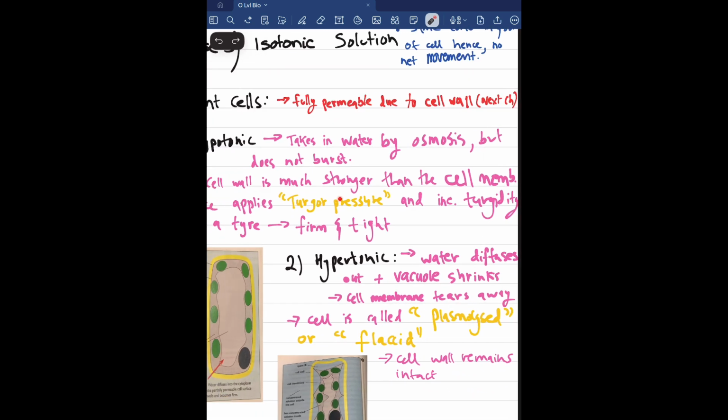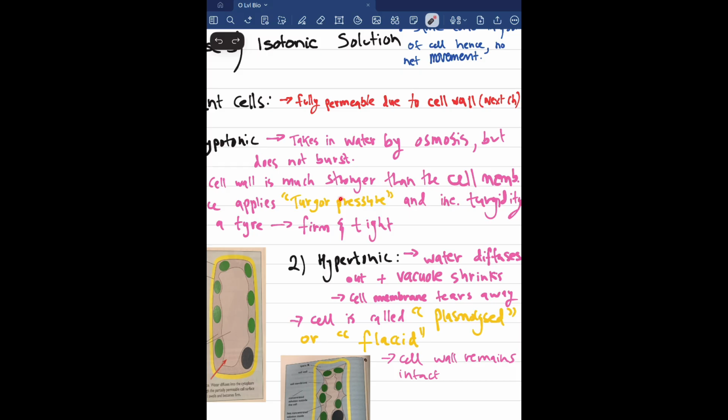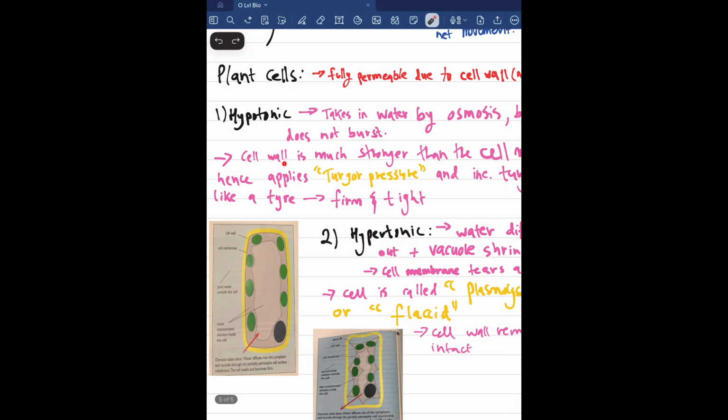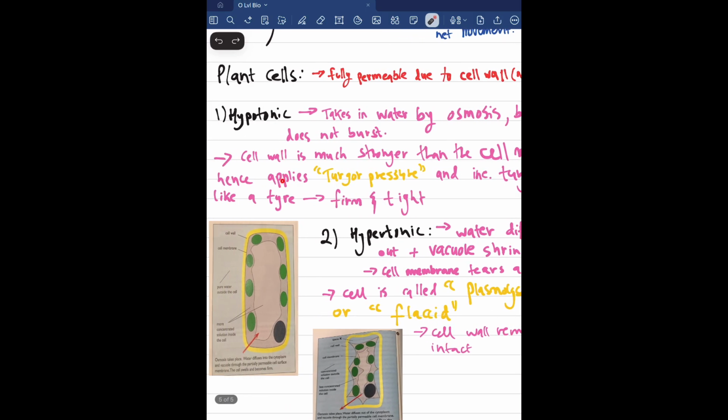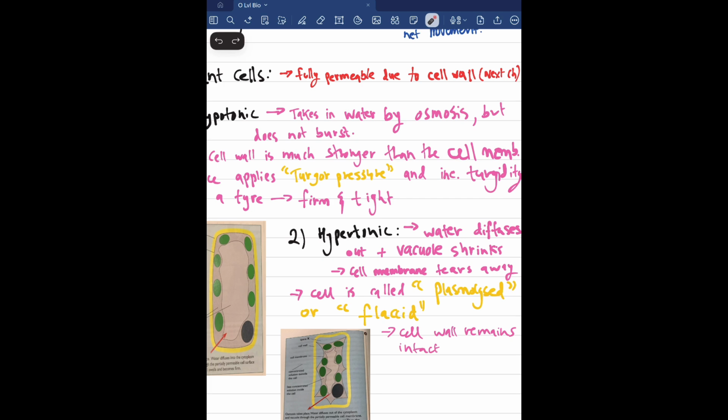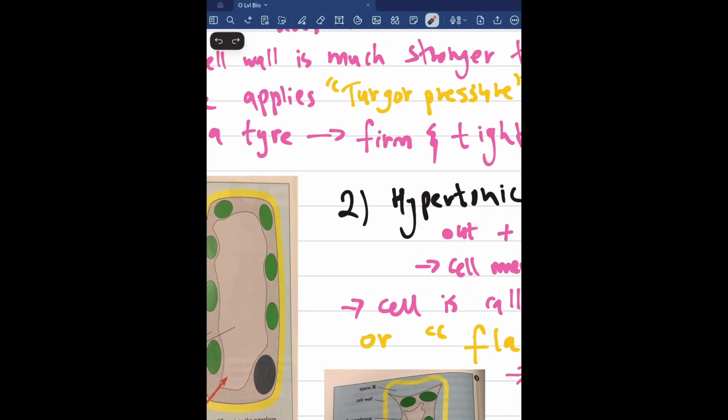The result in a plant cell is different. It's something new for you, and let's try to learn it. Firstly, it would take in water by osmosis and it would not burst, unlike the animal cell. As the cell wall is much stronger than the cell membrane, the cell wall would apply something called turgor pressure, and it would increase the turgidity, which is like a tire, right?